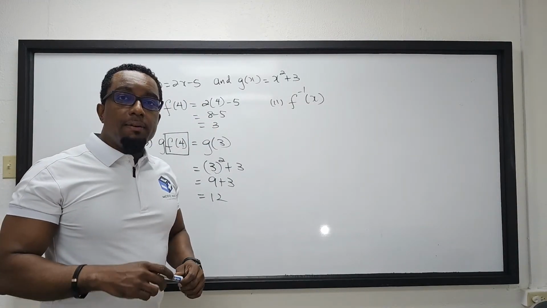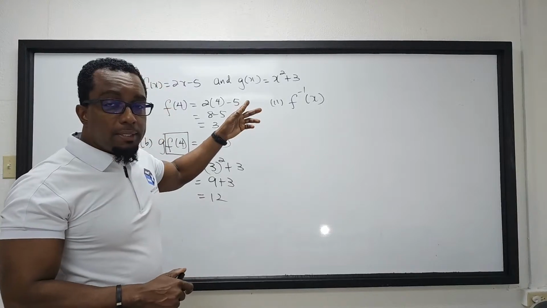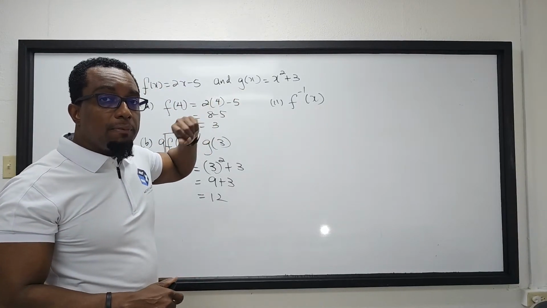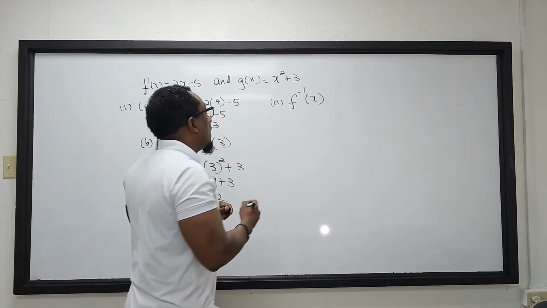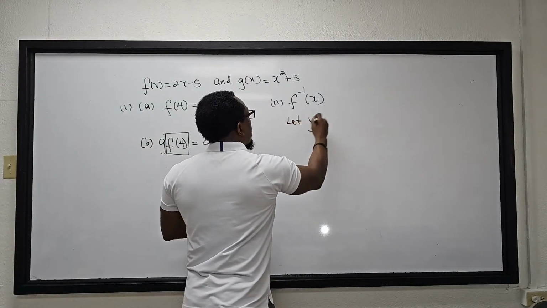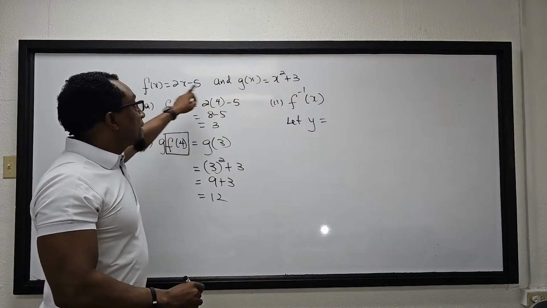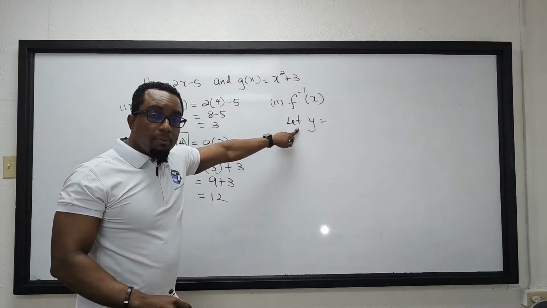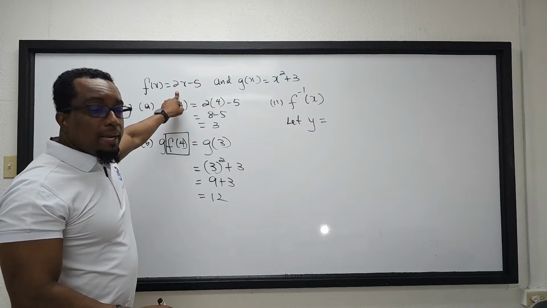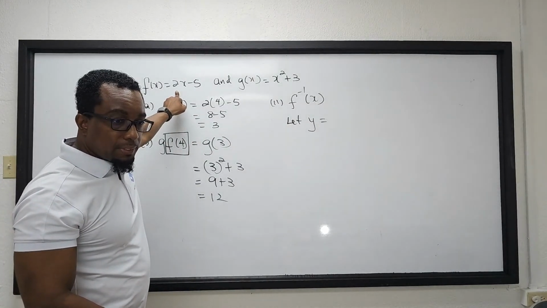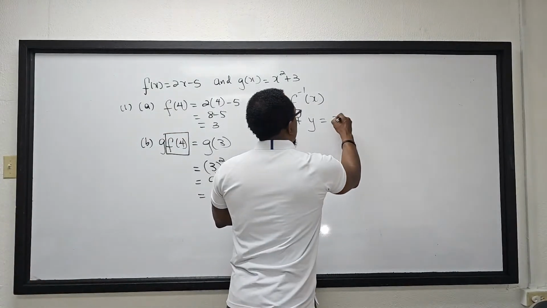Again, for the inverse, which is represented with the function raised to the power of negative 1, there are 3 steps. The 3 steps are: first, I let y, since f of x and g of x both represent y. So I let y be equal to 2x minus 5.